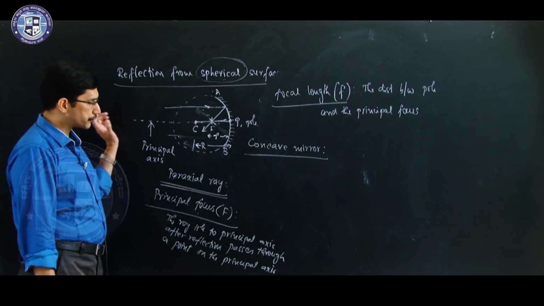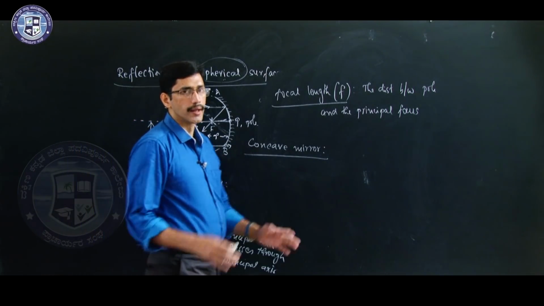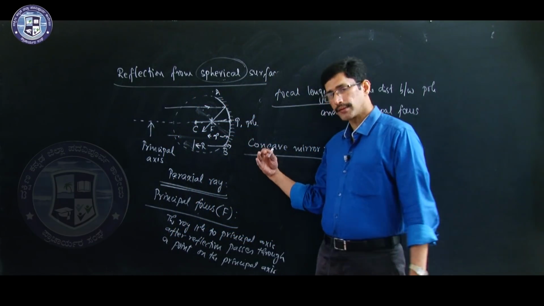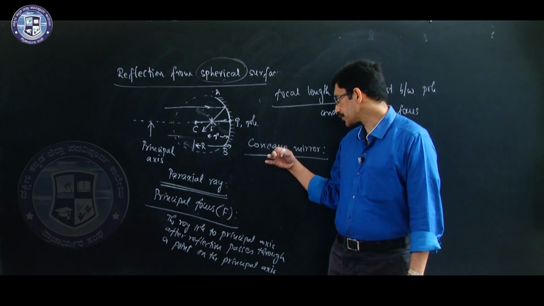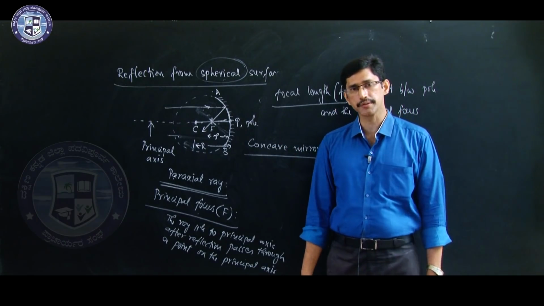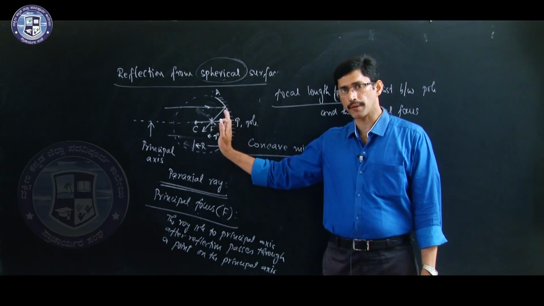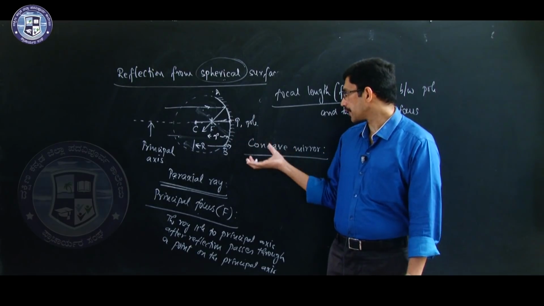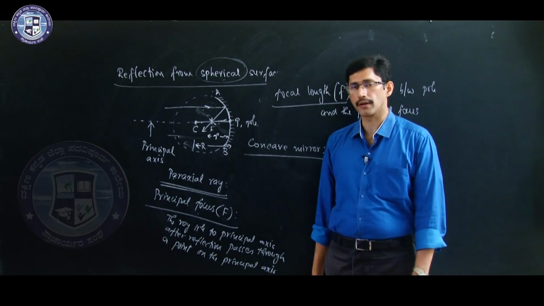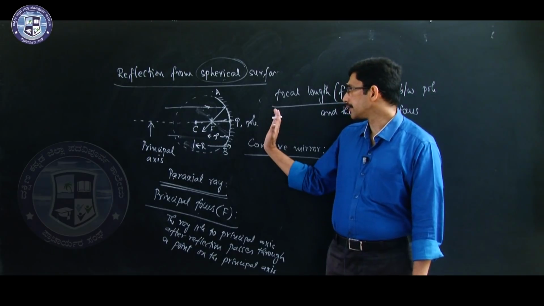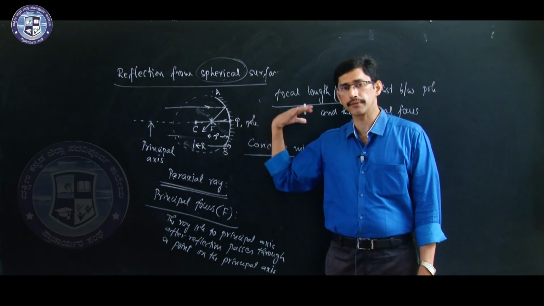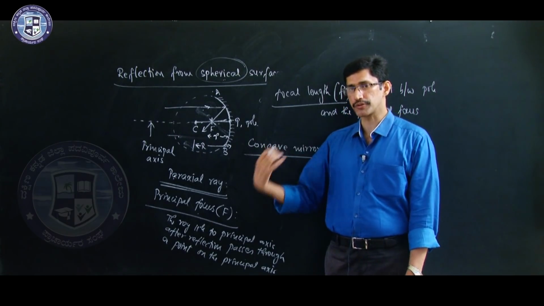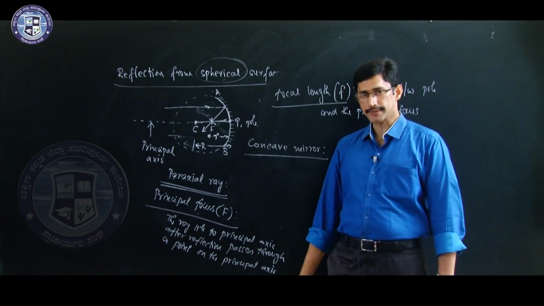Dentists use the concave mirror to get an enlarged image, and the shaving mirror is also a concave mirror because it produces a virtual image. Depending upon the position where you place the object, you will get a real image also. Next we will study image formation in the case of the concave mirror: where you need to place the object so that you get a real image, where to place it to get a virtual image, and so on.